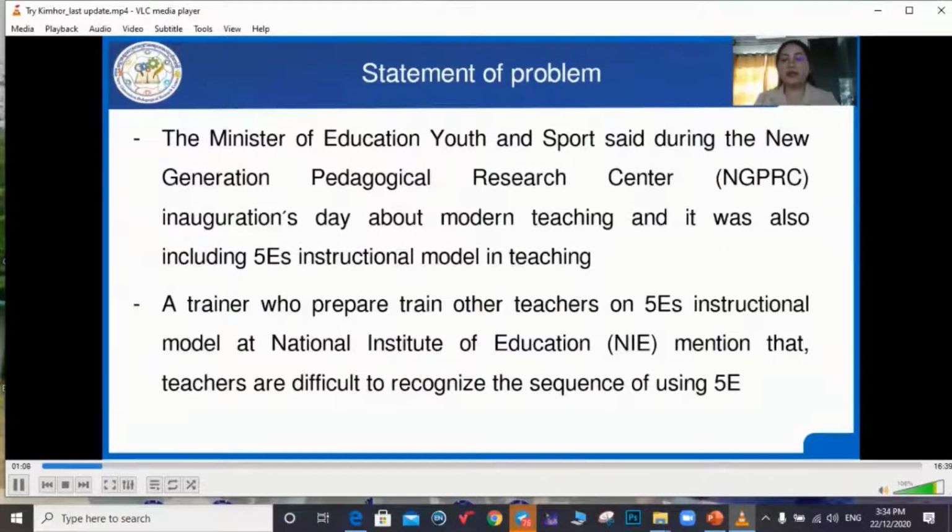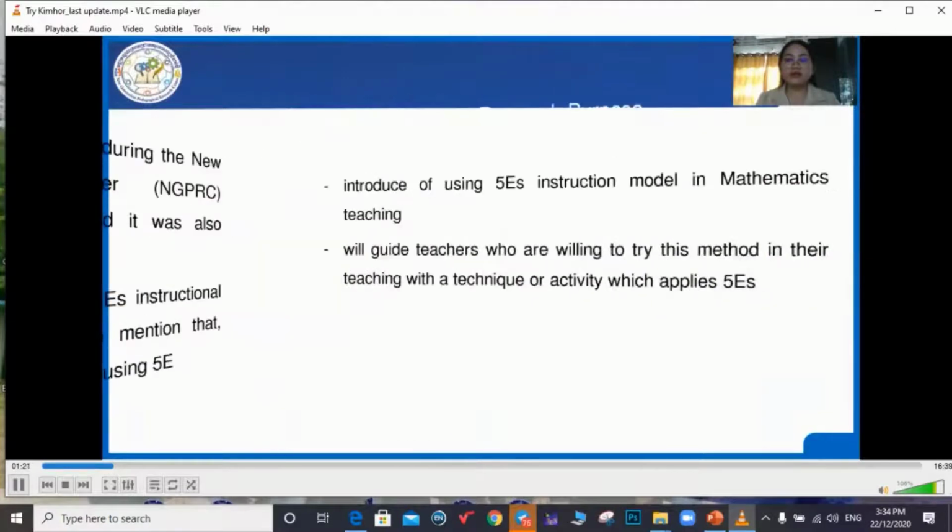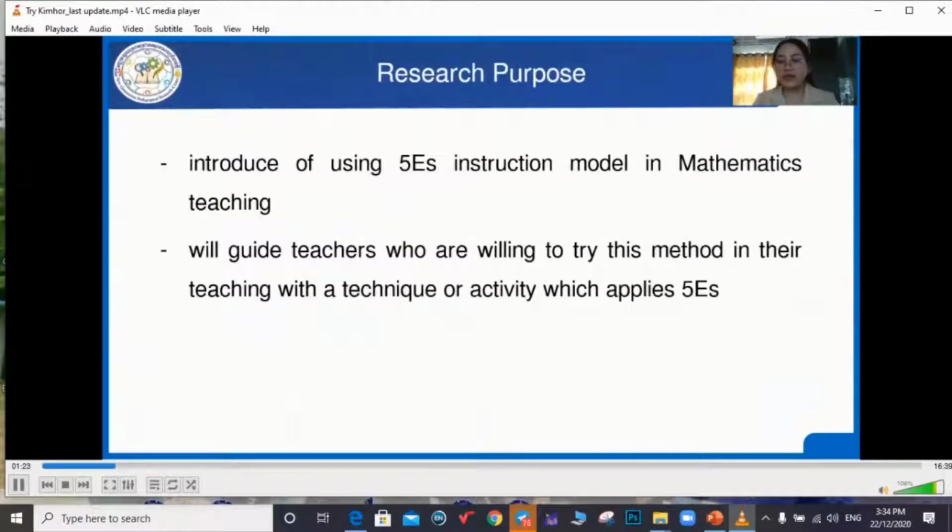A trainer who prepares training about 5E at the National Institute of Education mentions that most teachers find it difficult to recognize the sequence of using 5E. So the researcher aims to introduce the use of the 5E instructional model in mathematics teaching, and the research will guide teachers or readers who are willing to try these methods in their teaching.